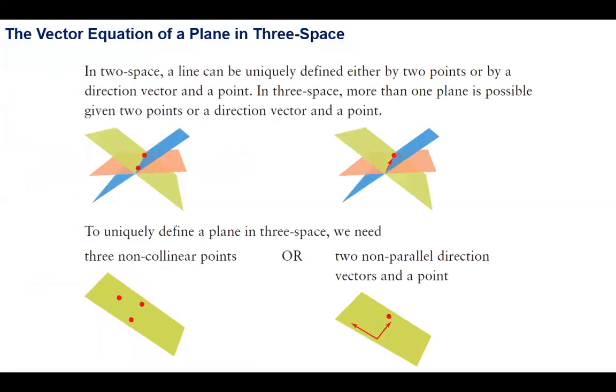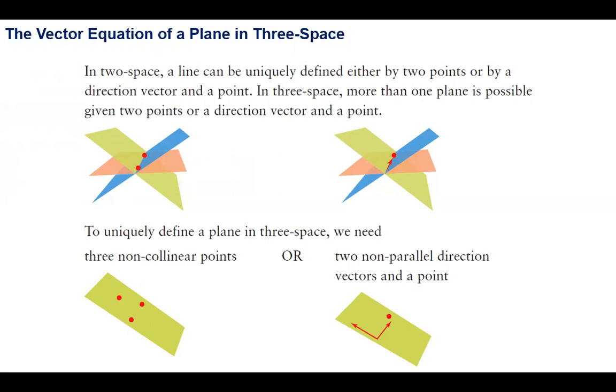Okay, if no questions, let's consider the next concept, which is a vector equation of a plane in 3 space. In 2 space, a line can be uniquely defined either by 2 points or by a direction vector and a point.